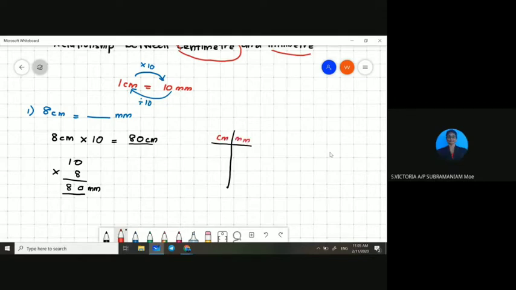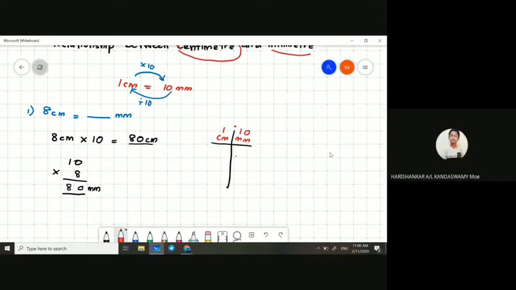Okay, how about this straight line there? It is a decimal point. Is our T complete? Not yet. So 1 centimeter is equal to 10 millimeter. In millimeter, how many zeros? 1.